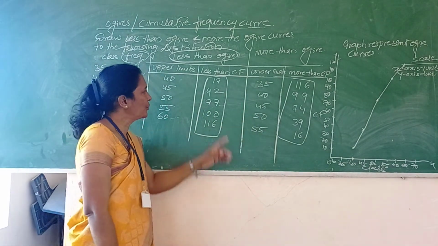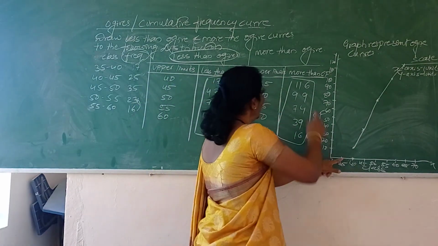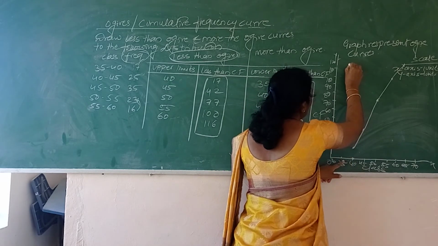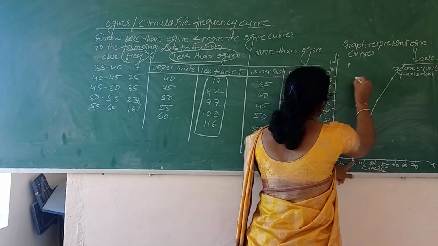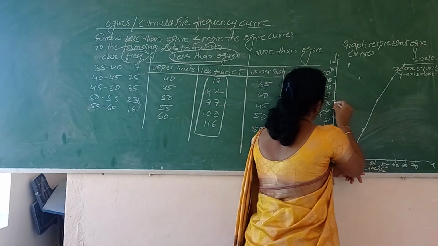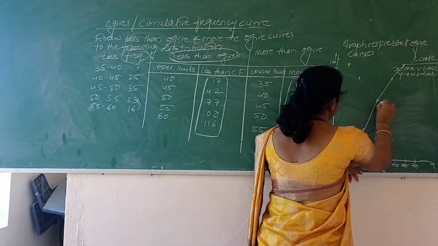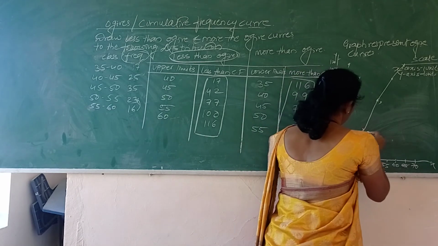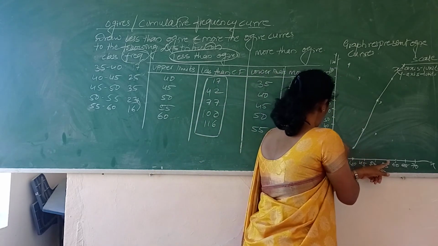This is your more than ogive curve. Now the lower limits come. For 35, how much is it? 116. For 40 it is 99. For 45 it is 74. For 50 it is 39. For 55 it is 16.